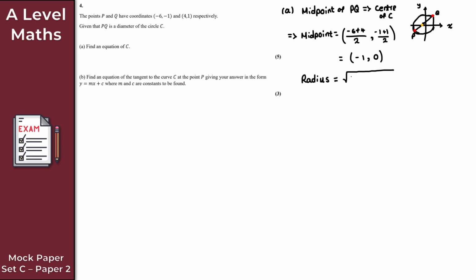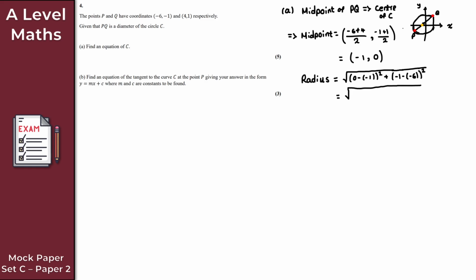We square that, right? So I get 0 minus -1 all squared. And we now do the same here then with the x coordinate. So what I'm going to get here then is -1 minus -6 all squared. Okay, let's just simplify this here.